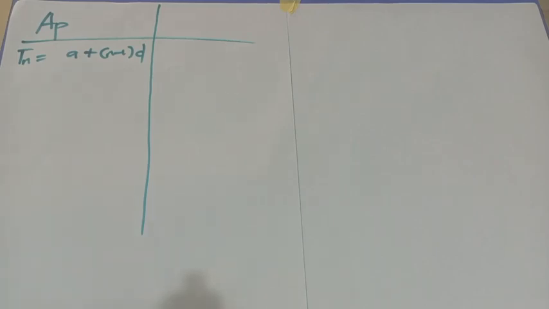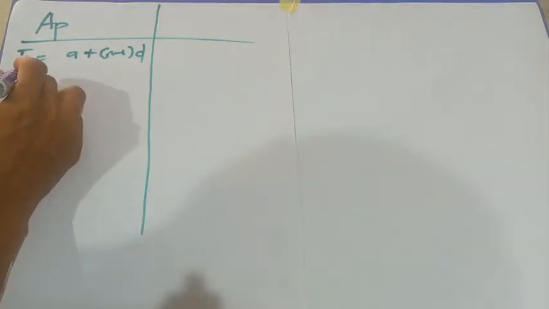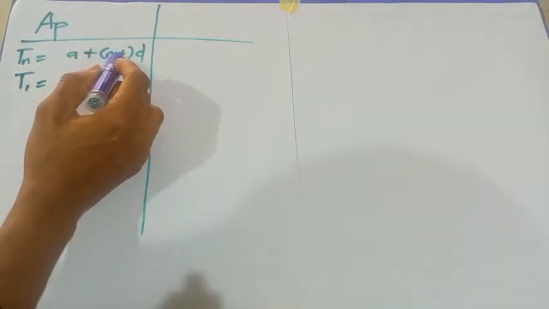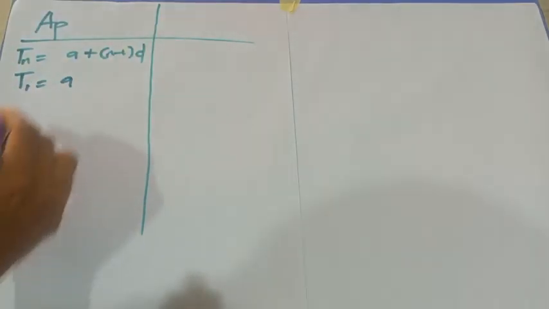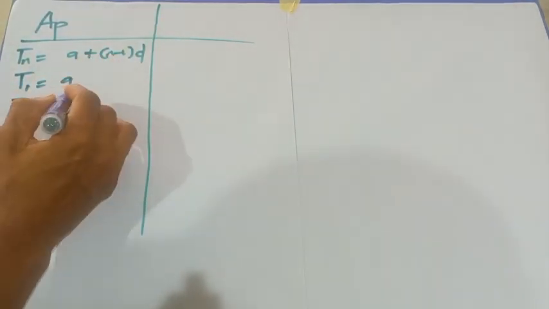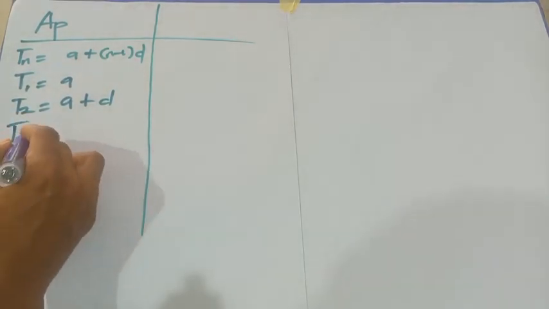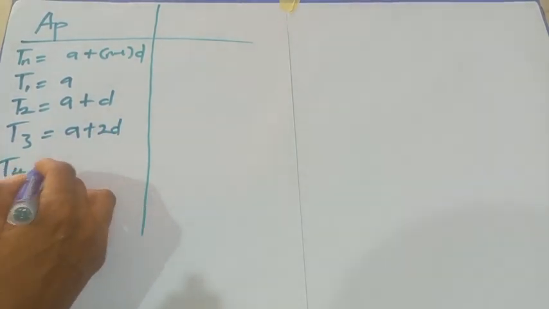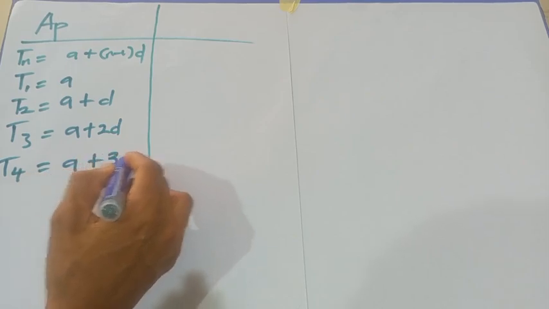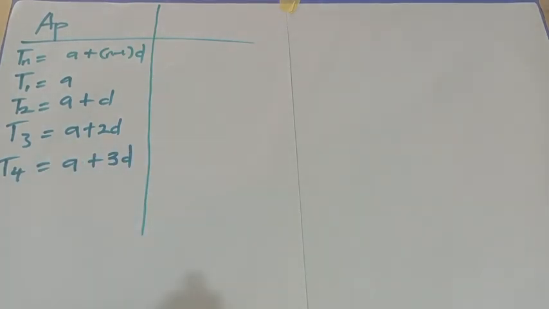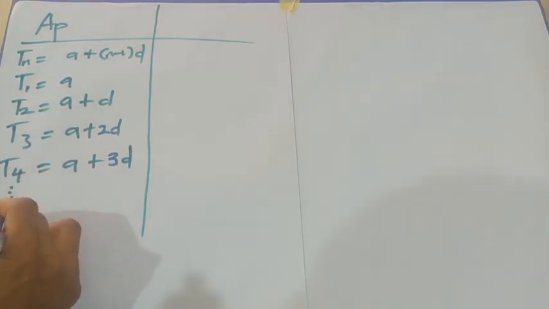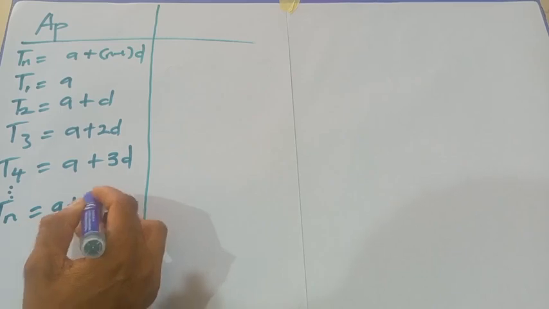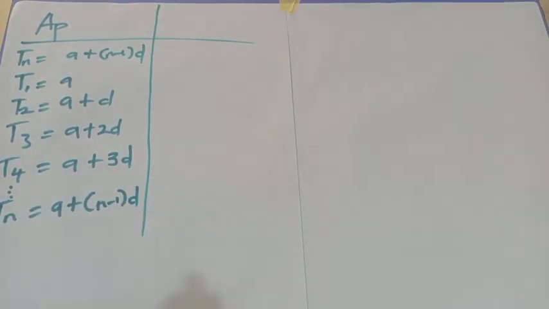Now, it means that if n is 1, T1 will be 1 minus 1, that's 0, so we'll have A. If it's T2, this will reduce to A plus D. If it's T3, you're going to have A plus 2D. If it's T4, you're going to have A plus 3D. So this is how it's going to be up to the nth term. Tn will now be A plus n minus 1 D. Please have this formula in mind.